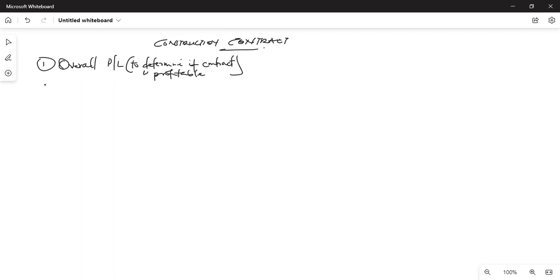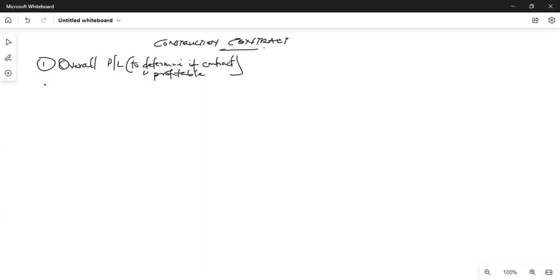The measurement for that one is actually the lower of the cost of fulfilling that contract, which you already know that you are making a loss on, or the cost you incur in terminating the contract plus any penalties from terminating it. Okay, whichever is lower is the one that you use.